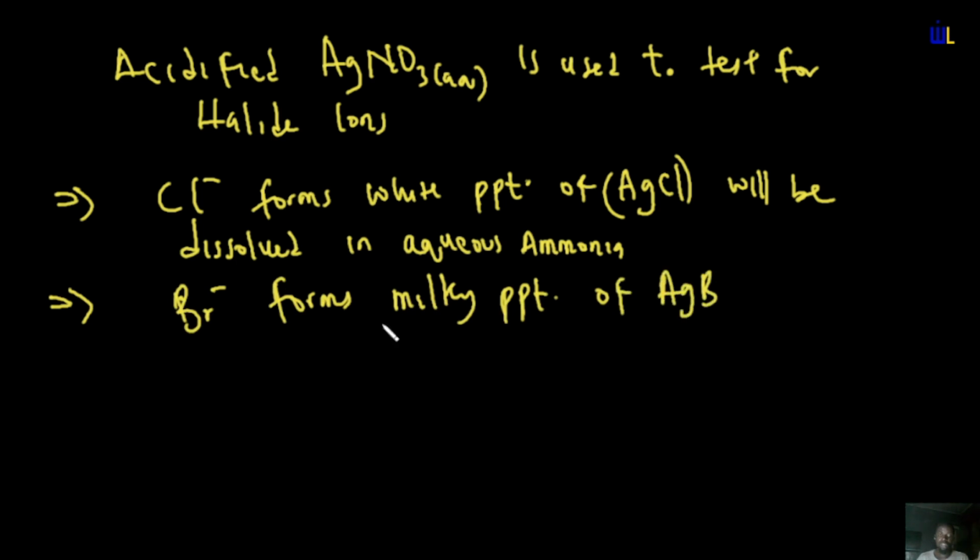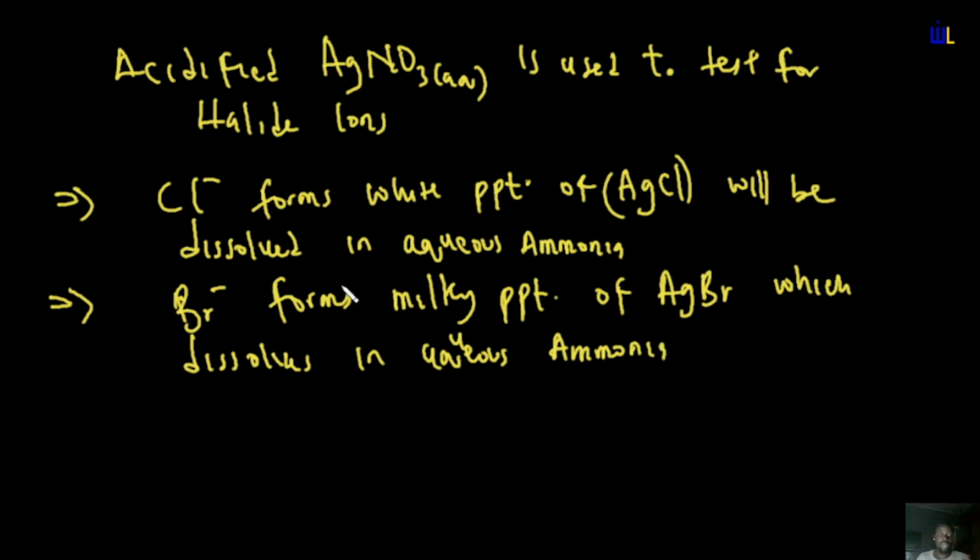So Br minus forms milky precipitate of AgBr, which dissolves in aqueous ammonia. So both chlorine ion and bromine ion will dissolve in aqueous ammonia after their precipitates are formed.